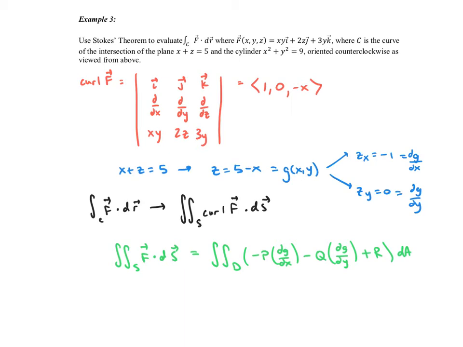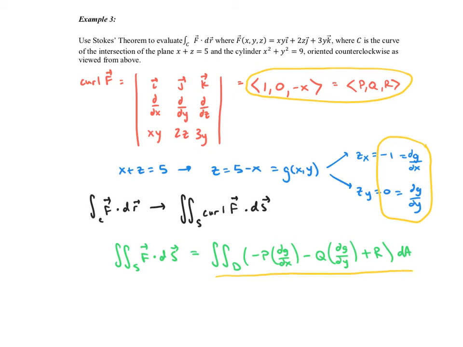And we can use those in our formula. In addition to that, what we have for curl F is our components P, Q, and then R. So in other words, if we take a look at this vector equation here, as well as all of this stuff right here, we have everything we need to substitute into our equation for this double integral.